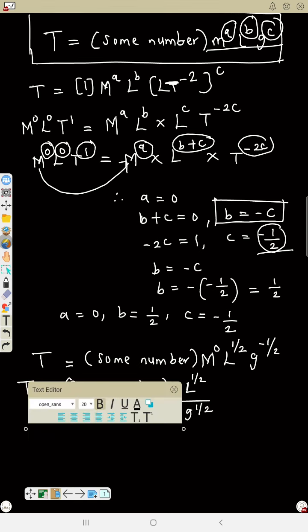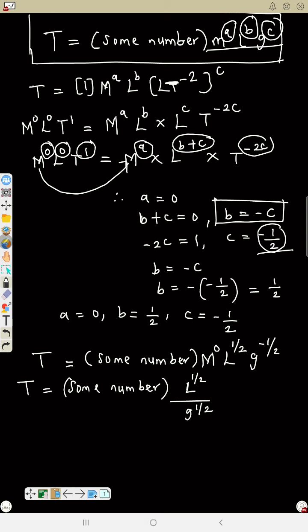That means period T is equal to some number times L over g raised to power half, meaning this half here and this half here are common.